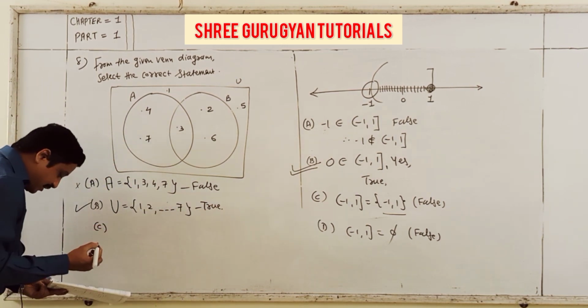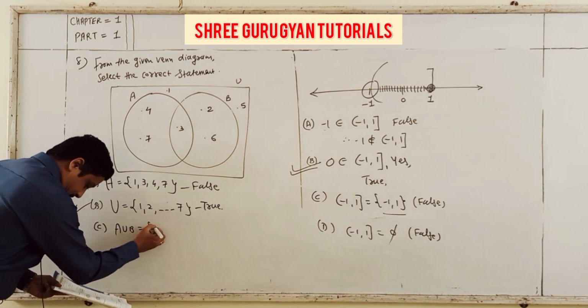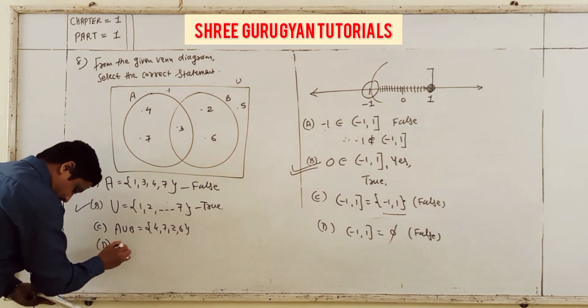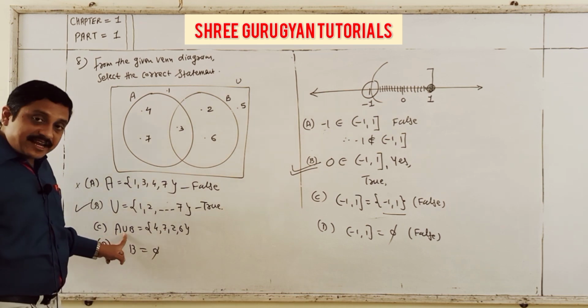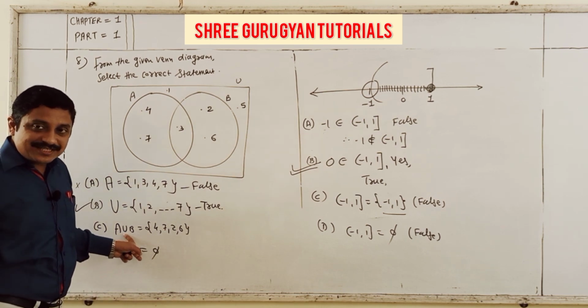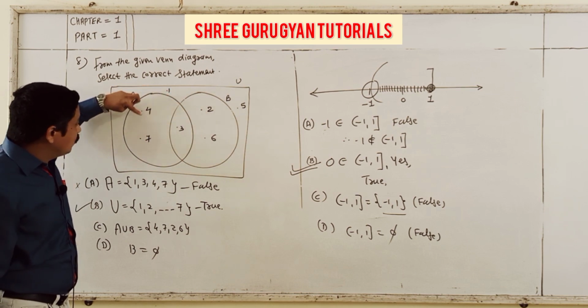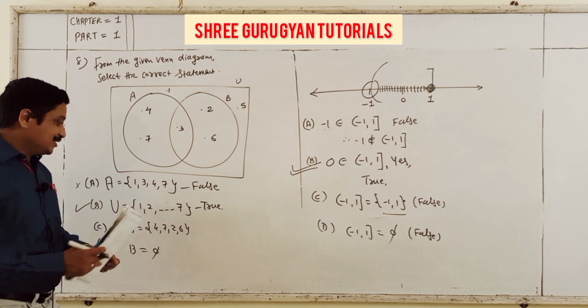Next, I will also write the C option for better understanding. A union B is 4, 7, 2, 6, and D, B is a null set. Which elements are in A union B? Students, just tell me the A union B elements. 2, 3, 4, 6, 7. Here 3 is not written, so this is also false.